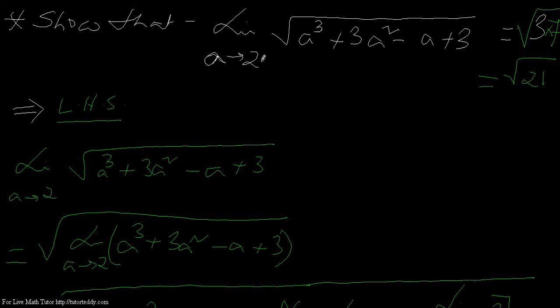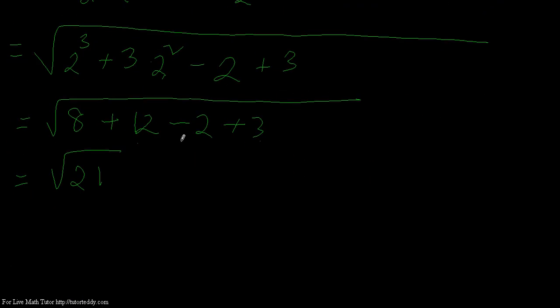It depends on whether a tends to 2 or a tends to minus 2. If it were a tends to minus 2, we would have got this limit equal to 3. But when a tends to 2, we get the square root of 21. And that's what we have got. So this part is proved.